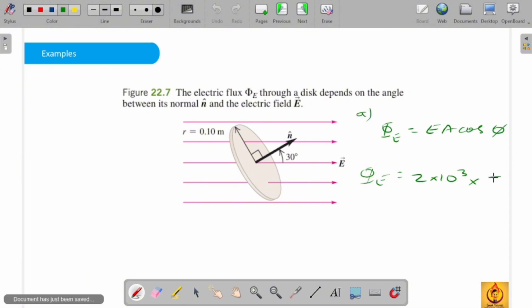So it will be just the area of a circle, pi radius squared. Our radius is 0.1, we square it. We multiply by cos of the angle between the electric field and our normal, which is 30. So our flux of electric field, may you please calculate it?